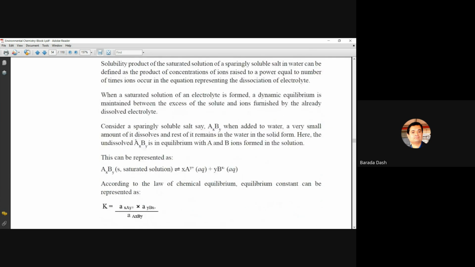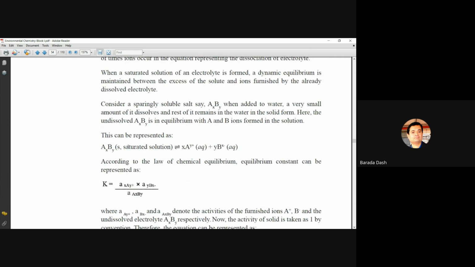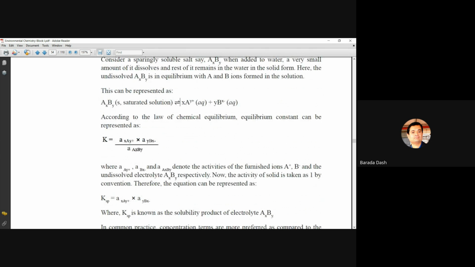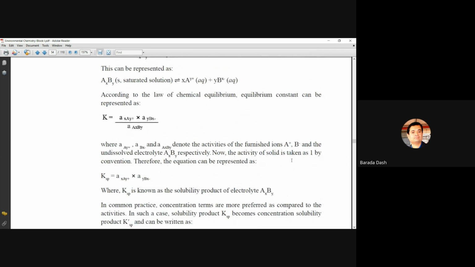So basically you see A_xB_y equilibrates into xA^(y+) plus yB^(x-). According to the law of chemical equilibrium, the equilibrium constant can be expressed as K equals a(A^y+)^x into a(B^x-)^y divided by a(A_xB_y), where these denote the activities of the furnished ions A^y+ and B^x-, and the undissolved electrolyte A_xB_y respectively.